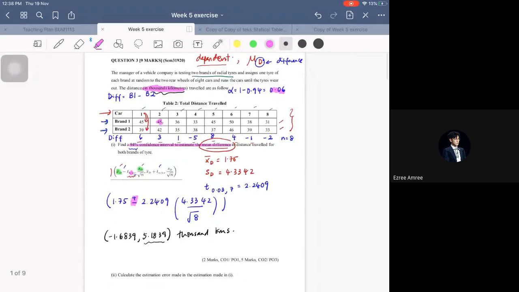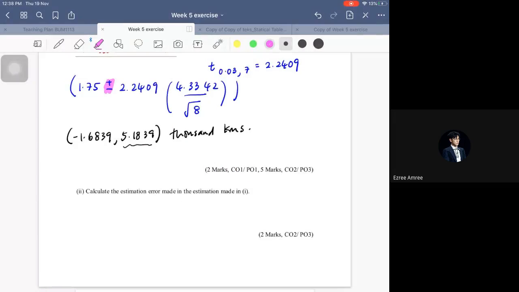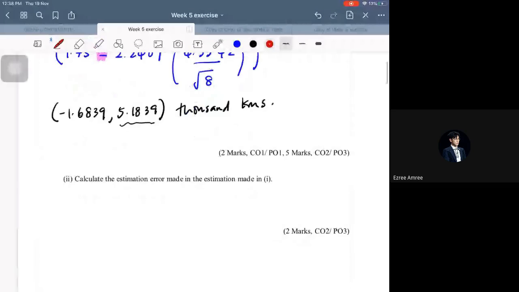Now it says calculate the estimation error made in the estimation in Mark 1. So how do you calculate the estimation error?